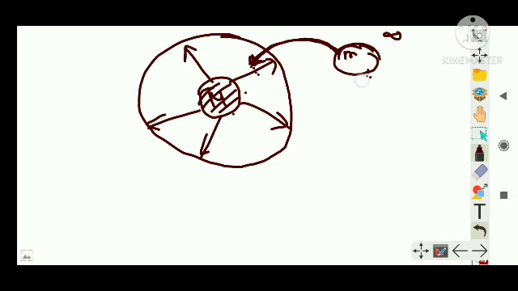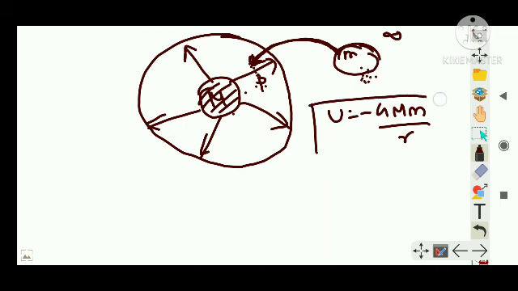The potential energy of a mass m brought from infinity to the point P, let's say this point is P, is depicted as U is equal to minus GMm by r. Minus GMm by r.